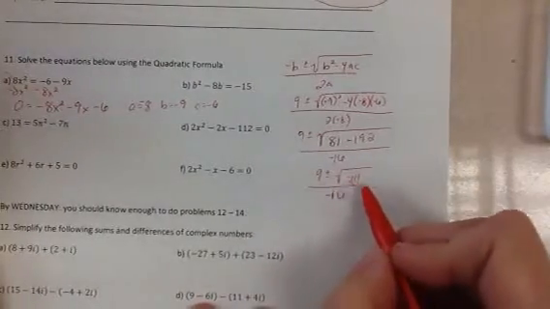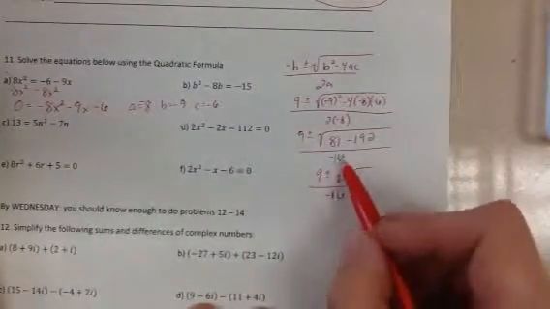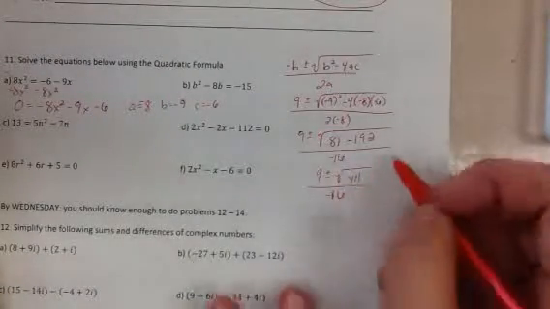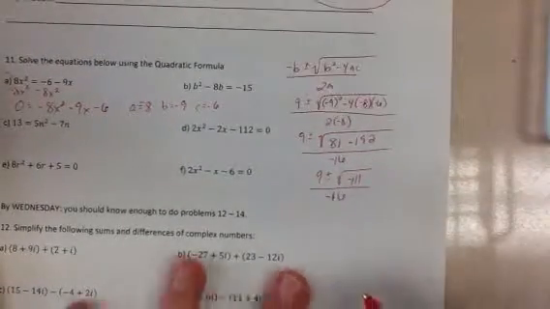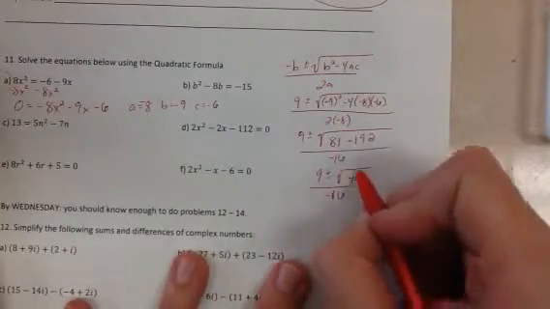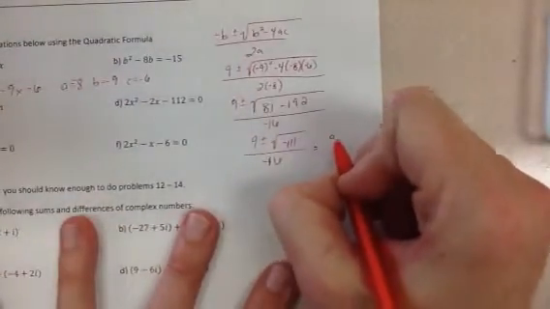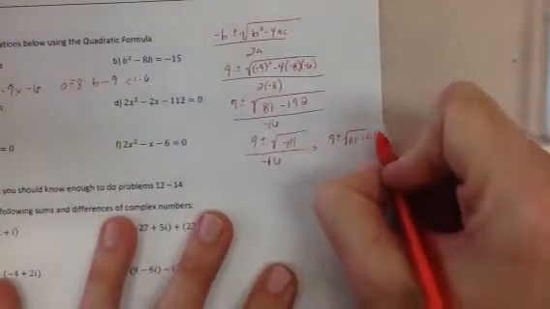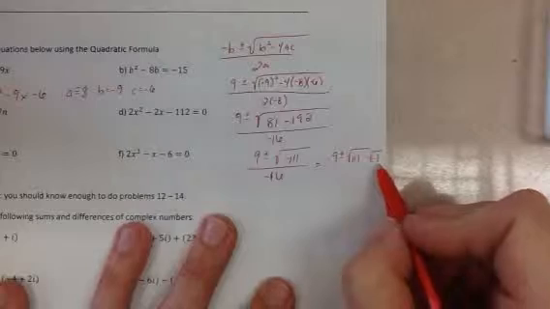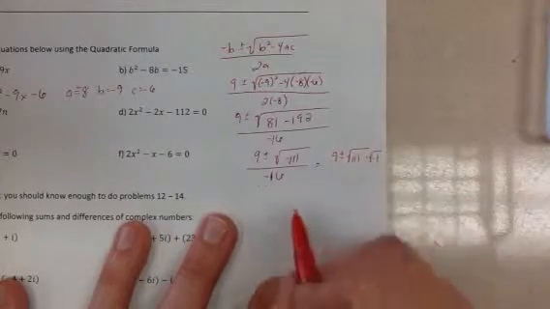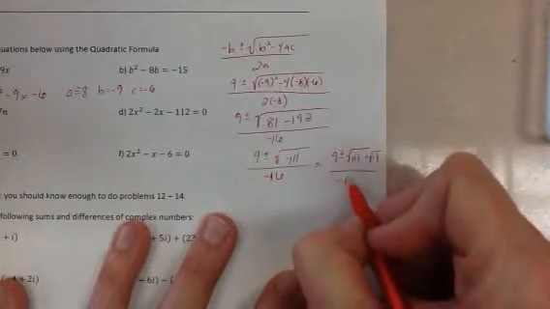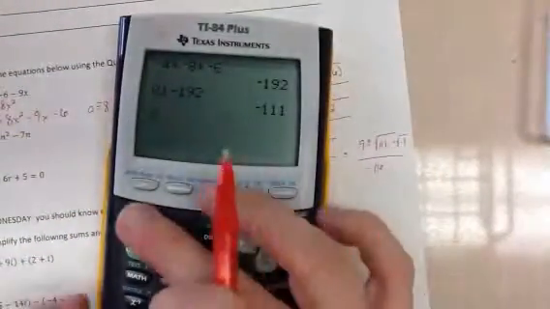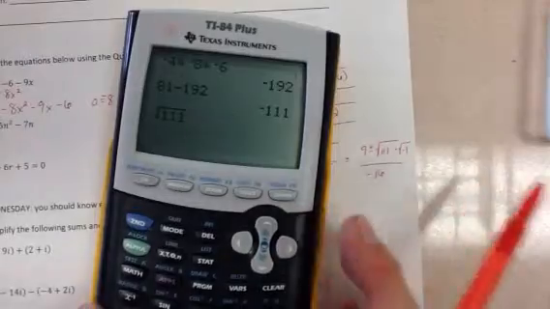Okay, so the square root of negative 111, right? Last year in Math 2, you would have written no real solution because it has a negative under the square root. But here now we know that it's a complex root. We know that we can split this up into its real part and its imaginary part, the complex number, square root of negative 1. And now I'm going to see, can I take the square root of 111?